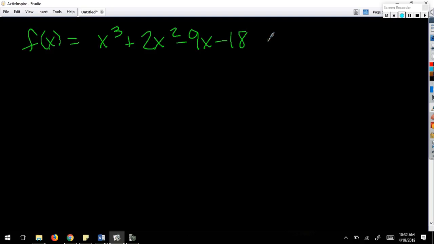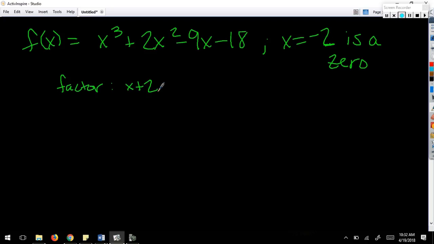But now I'm going to tell you x equals negative 2 is a 0. So now I'm not giving you a factor, I'm giving you a 0. But by giving you a 0, I really am giving you a factor, right? So what's the factor here? x plus 2, right? That's the actual factor if I'm giving you a 0.